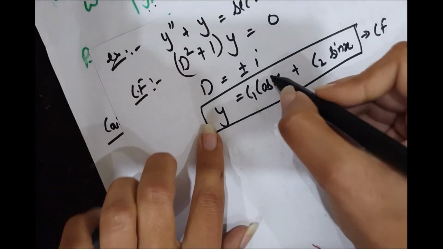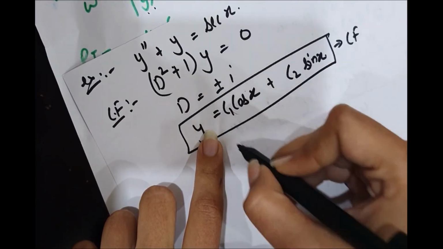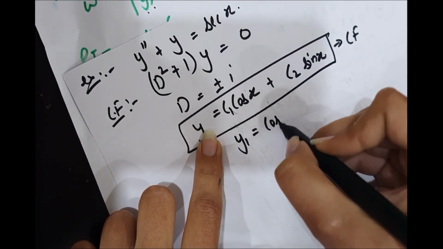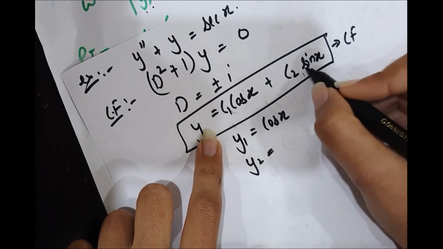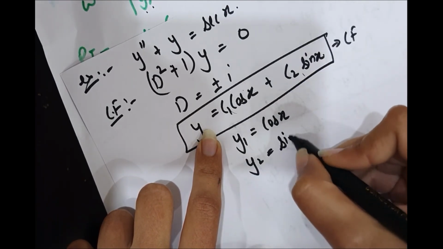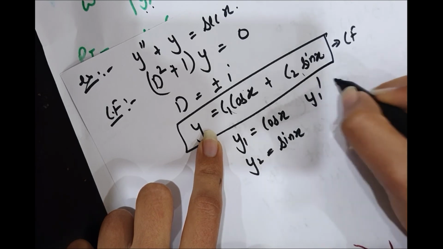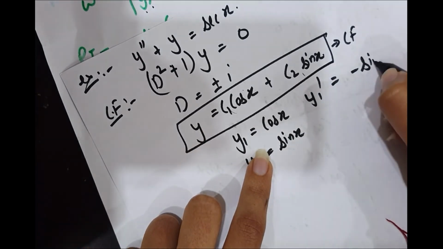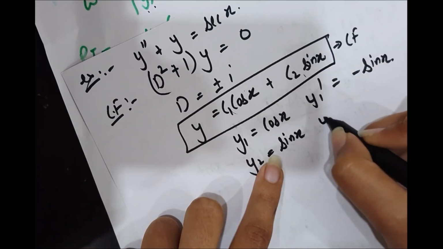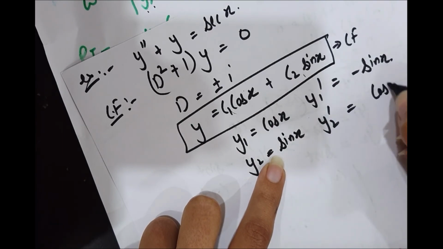Which is y1? This cos factor with c1 is y1, and the factor with c2 is called y2. So y1 dash would be the differentiation of y1, and the differentiation of y2.